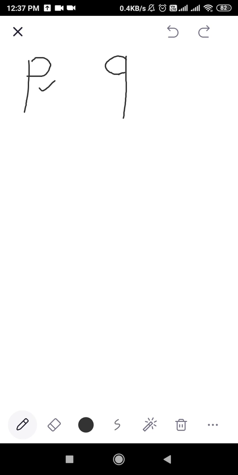Here you drew on the right side, here you will draw on the left side. Then a cross line like this, letter Q. Q for cube, quail, etc.